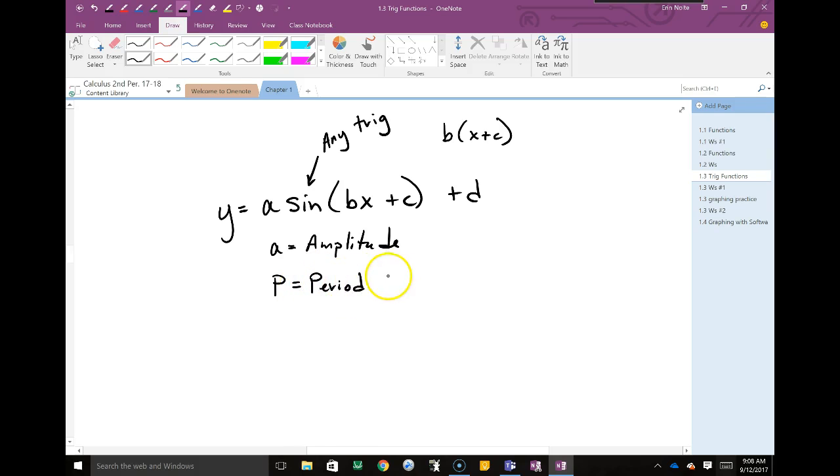So I'm going to say period is 2 pi over b for sine, cosine, cosecant, and secant. And then what is it for tangent and cotangent? Good, pi over b. Okay, so make sure you remember that. There's a difference there. Okay, so I do expect for you to list your periods on every single graph I ask you to graph.